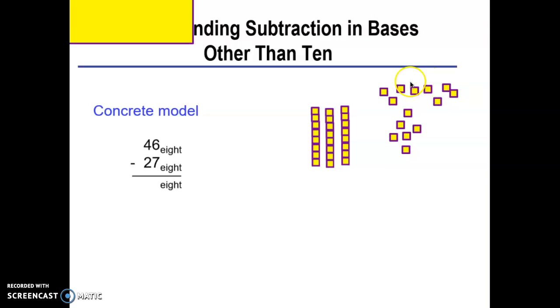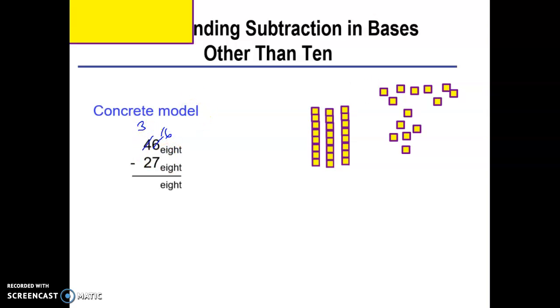All right, so now let's count how many we actually have here in base 8. 1, 2, 3, 4, 5, 6, 7, 10, 11, 12, 13, 14, 15, 16. So I have 16 tinies and 3 longs.